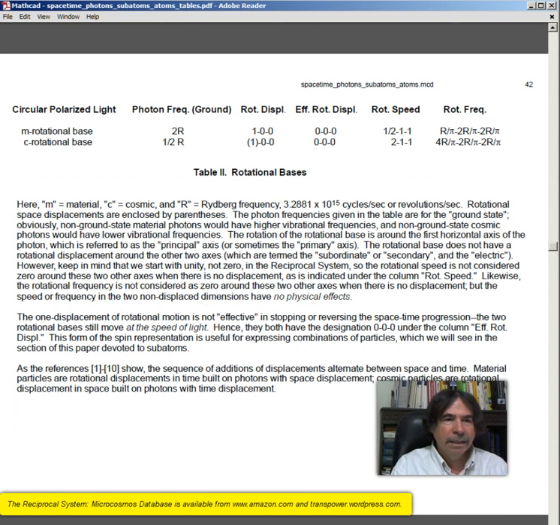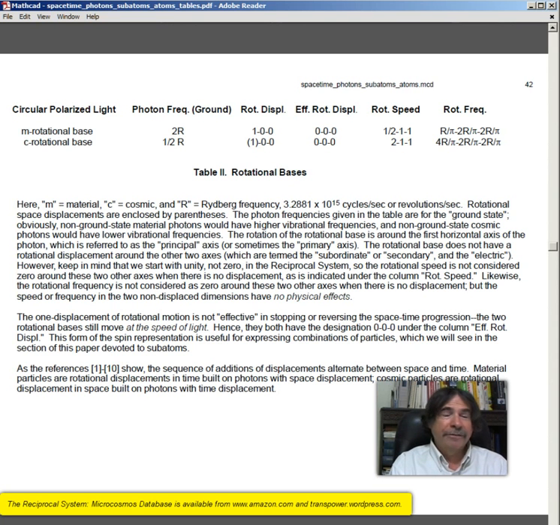Table 2. And here you can see the columns are circular polarized light. We have the material rotational base and the cosmic rotational base. The photon frequency, that is the ground frequency, is 2r in the case for material particles and 1/2 r for cosmic particles. Rotational displacement is simply 1-0-0 for material rotational base, or parentheses 1-0-0 for the cosmic rotational base.